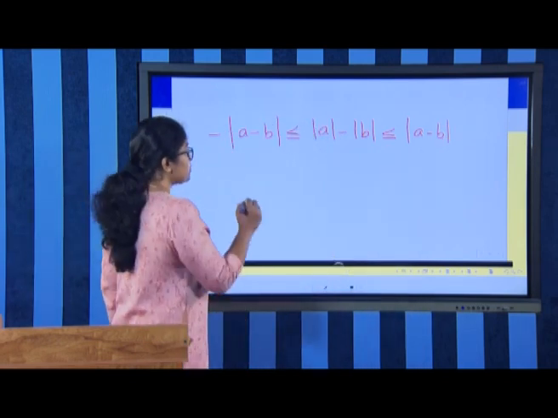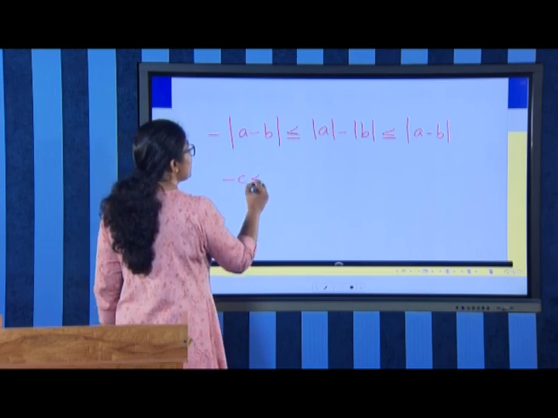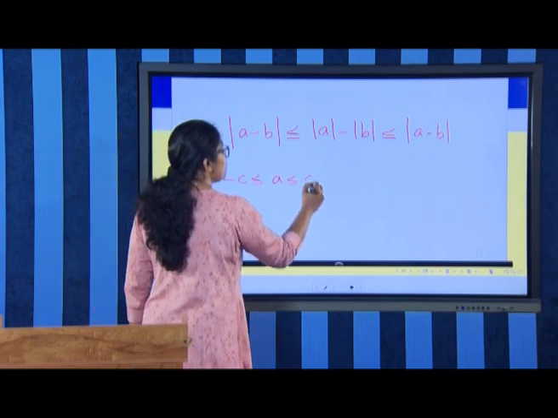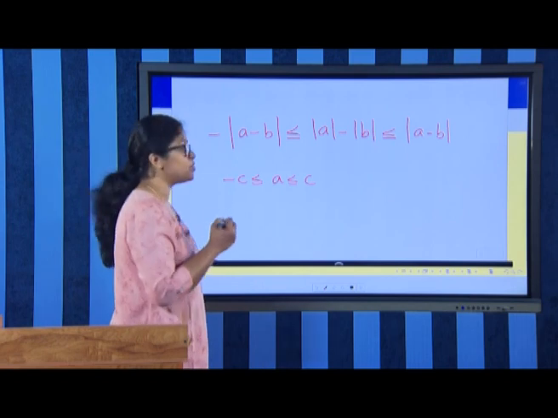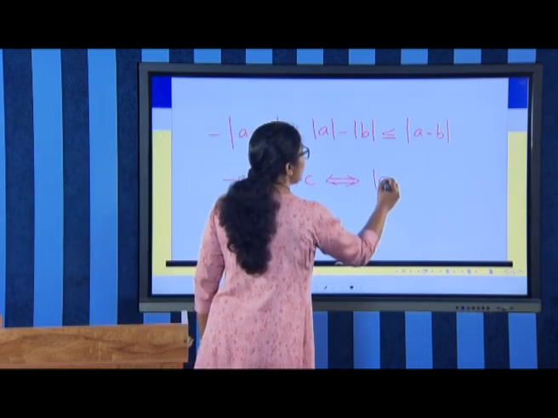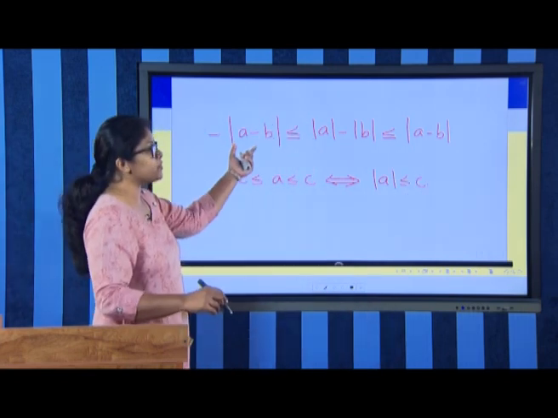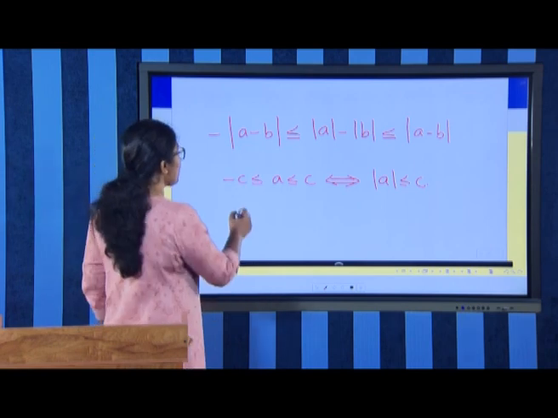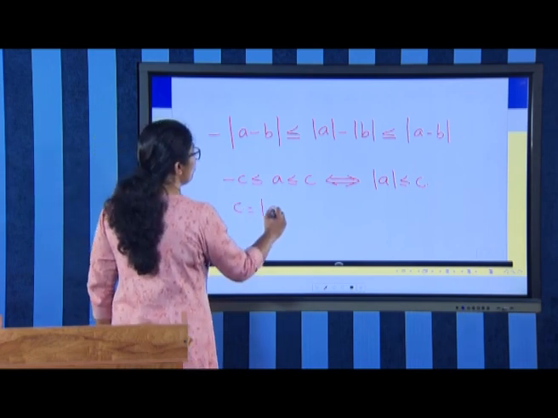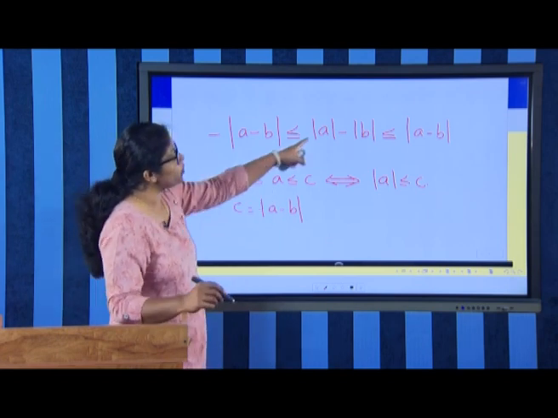So, we have seen in the previous case, if we have negative C less than or equal to A less than or equal to C, this is equivalent to writing the expression that modulus of A is less than or equal to C. So, what is in place of C here? We have C equal to modulus of A minus B, and instead of A, what do we have?